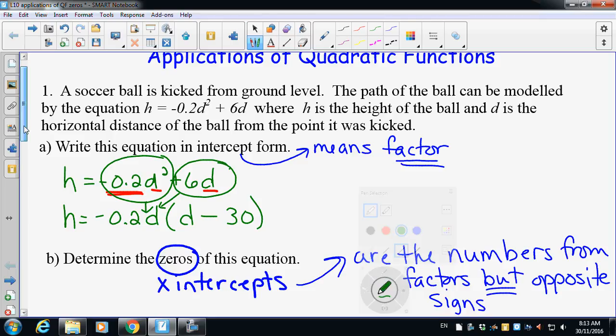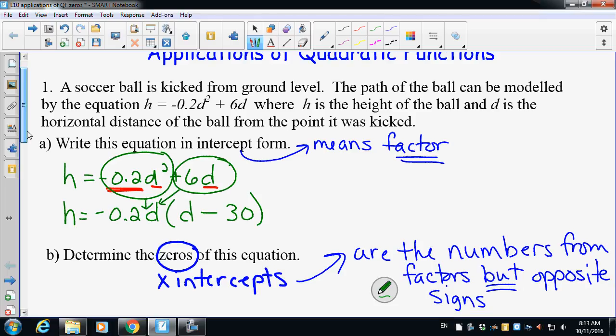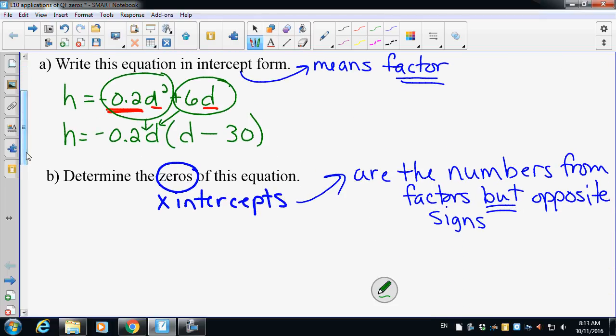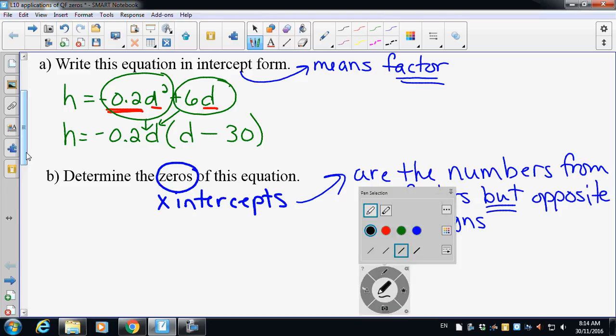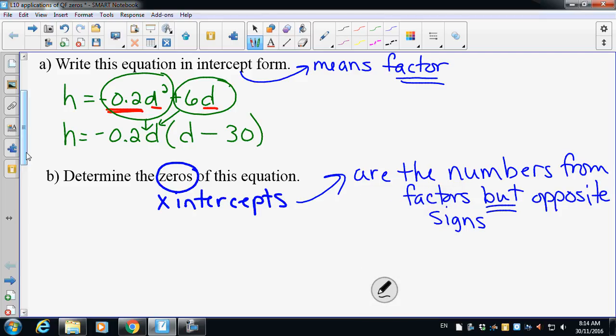So if I look at my question here, my factors, this one's easy.